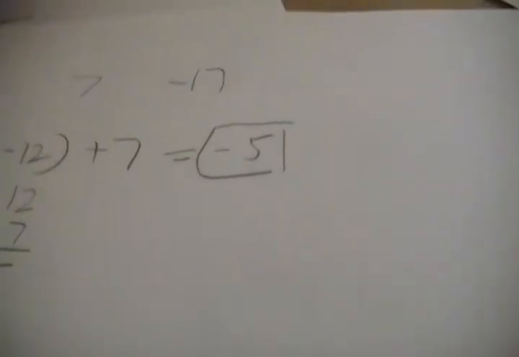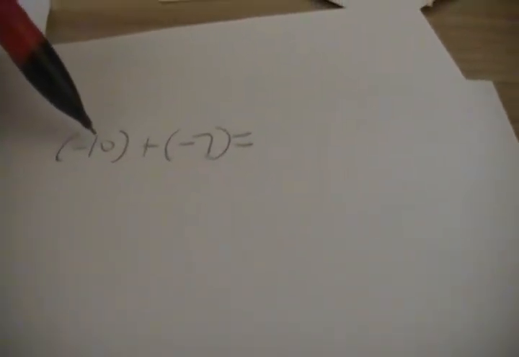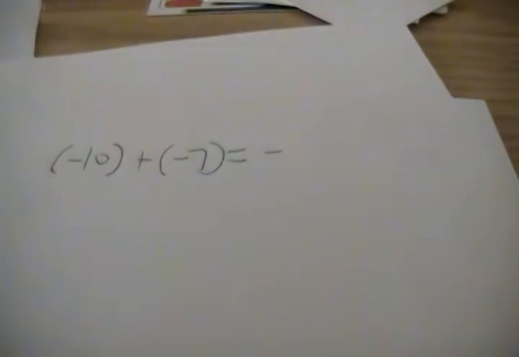Let's try another one. Let's try negative 10 plus a negative 7. Okay? Now when you have two negative integers and you're adding them together, all you have to do is just add the numbers, and then the final answer is going to have a negative in front of that number.